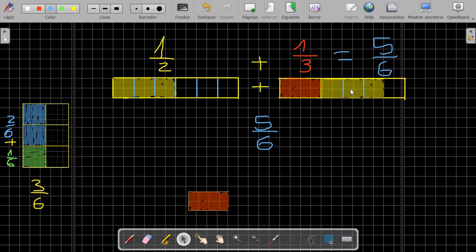Once again, if I cut it in pieces of 6, 1, 2, 3, 4, 5, and 6, I'll get the same answer: 5 colored parts out of 6, 5/6. So how can that happen? How can a half plus a third equal 5/6?